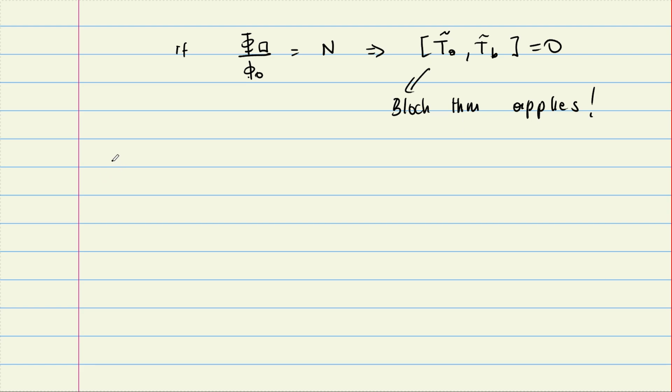So let's consider a couple of cases. First, the most trivial case: if A is parallel to B, there is no flux, there is no plaquette, because the area of the plaquette is 0. In that case, n is going to be 0, and Ta tilde and Tb tilde commute trivially.